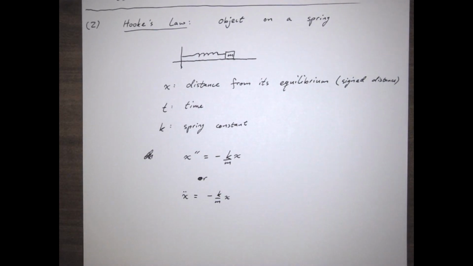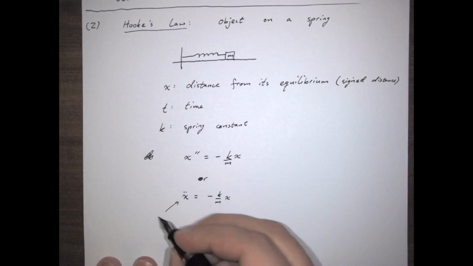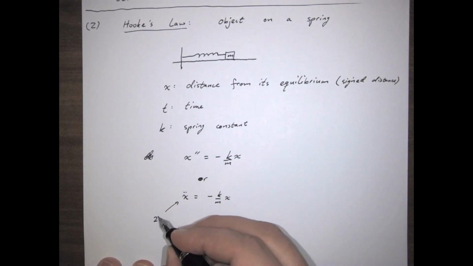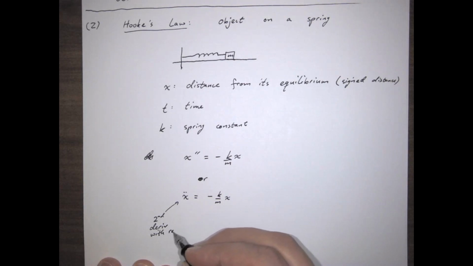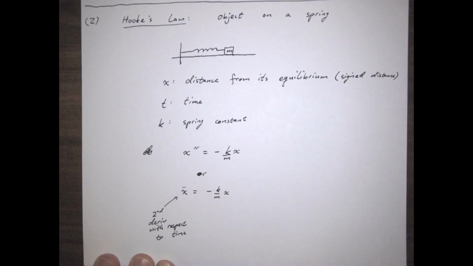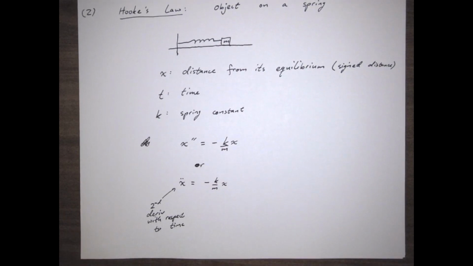So what this is saying is, this represents the second derivative with respect to time. Dots represent derivative with respect to time.